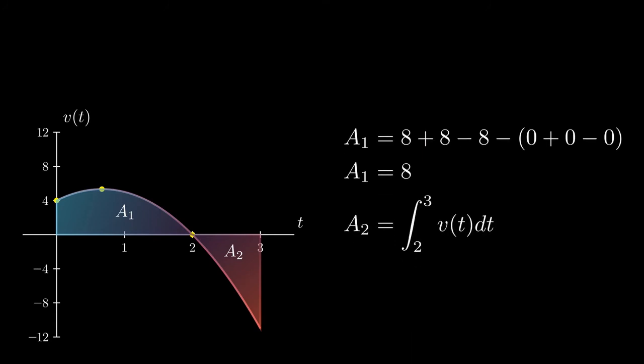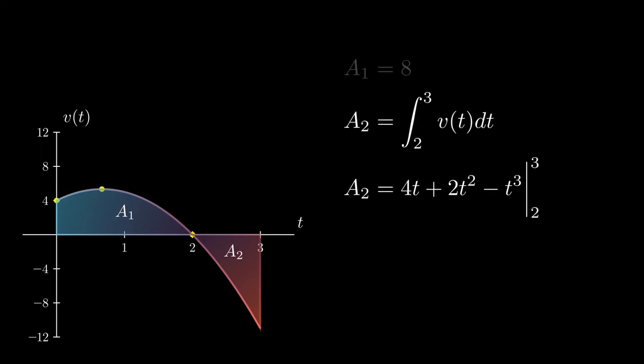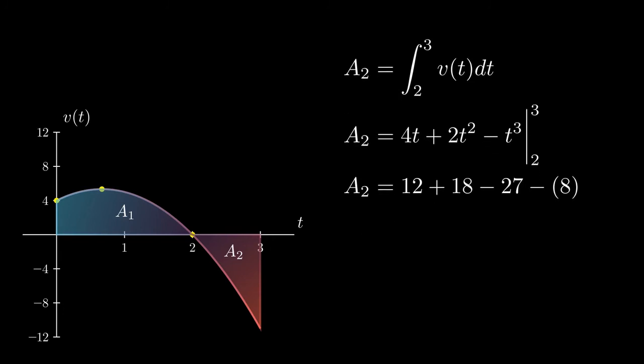A2 is the same function, just different limits, from 2 to 3. Now we put 3 in for t and subtract the value at 2. We already did that work for t equal 2, so we know that's 8. You don't have to redo it.